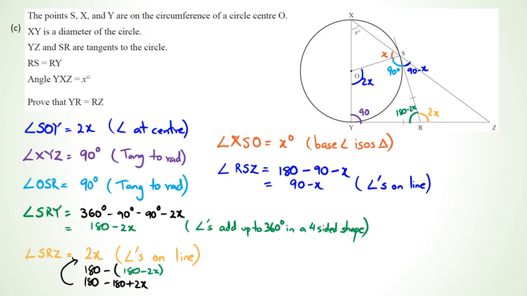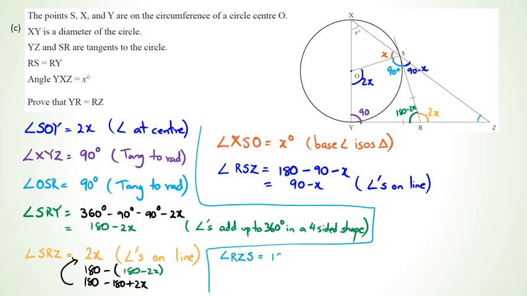So finally I could work out what angle RZS is. I'm sorry guys, I'm running out of space here, so I'm going to work it out here. Angle RZS is equal to 180 minus 2x minus (90 minus x). Just make sure you put the brackets correctly.